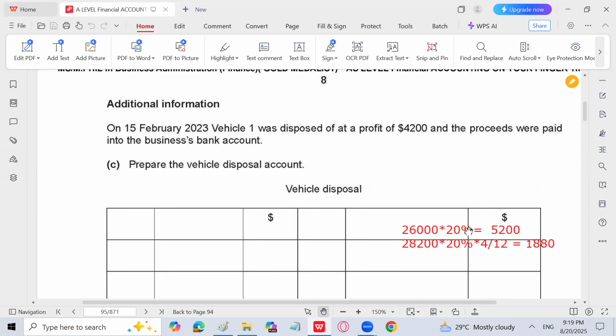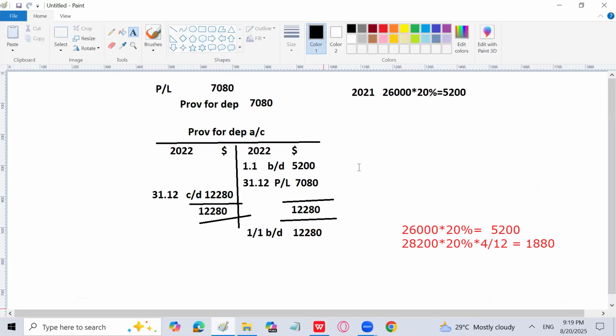On 15th February 2023, vehicle 1 was disposed of at a profit of 4,200, and the proceeds were paid into the business bank account, right? So let's prepare the entries, and then I will go for the disposal account.